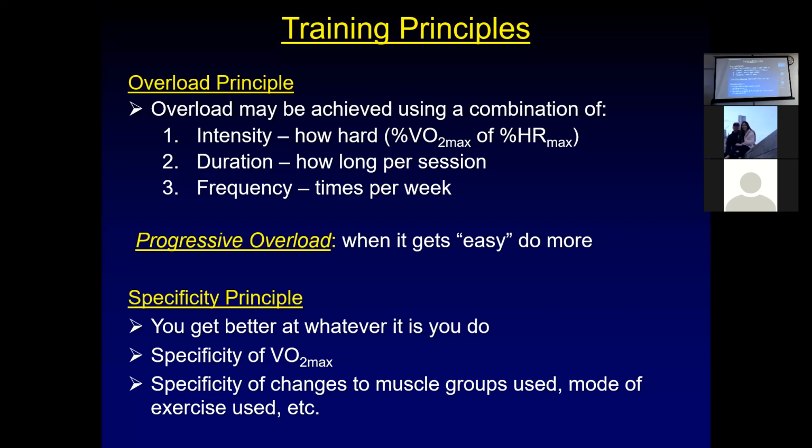If I hadn't seen the data, and I'm happy to show people data, I've seen the data. It seems implausible that that's the case, but that's the case. If I put somebody on the treadmill and have them run a VO2 max test, and then I put a very fit person on a bike, they tend to stop on the bike before you would ever think so, because they're not used to contracting their quads and glutes.